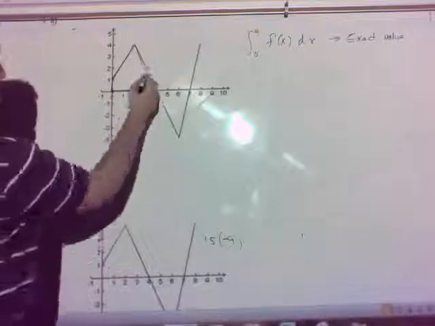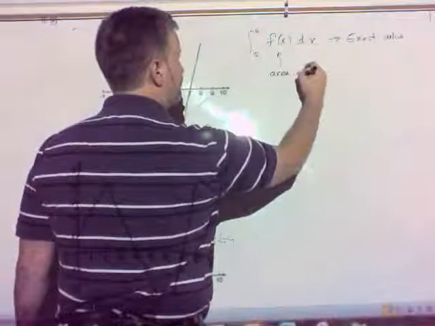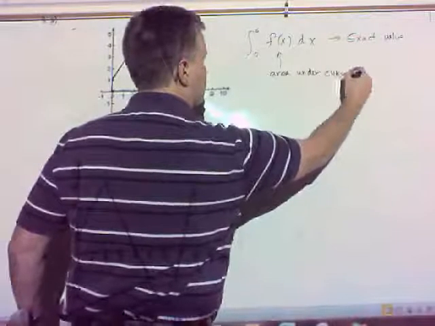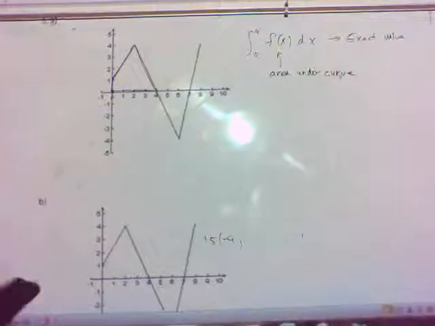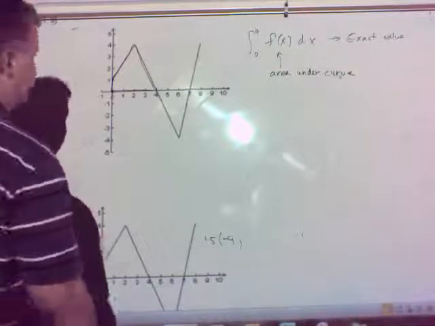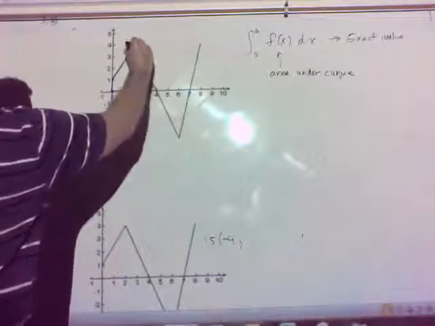Knowing that this is the area under the curve, if I can just calculate that area using triangles and rectangles, then that gives me an integral, doesn't it? Because the integral is the area under the curve. How do I want to do it? Well, maybe do it this way.